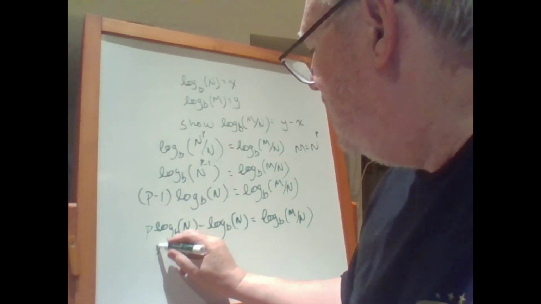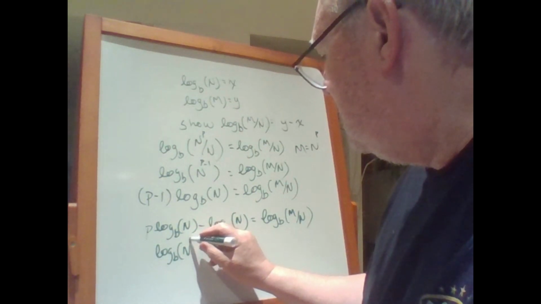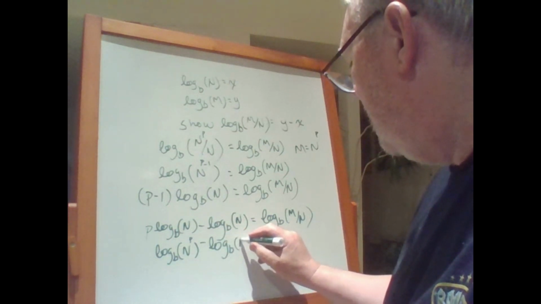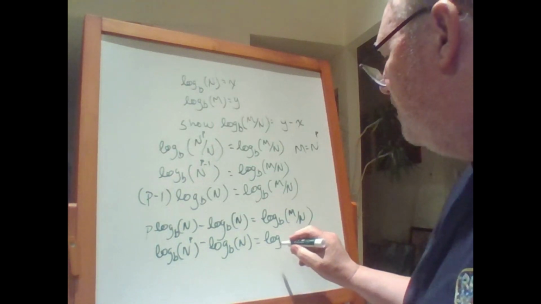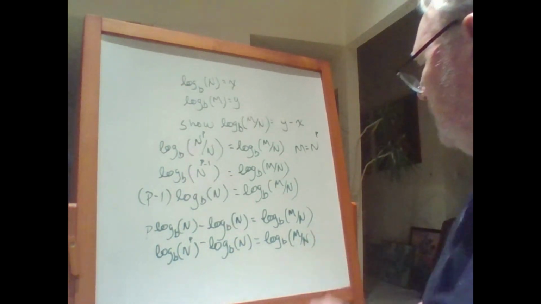This is log b of n to the p minus log b of n equals log b of m divided by n.